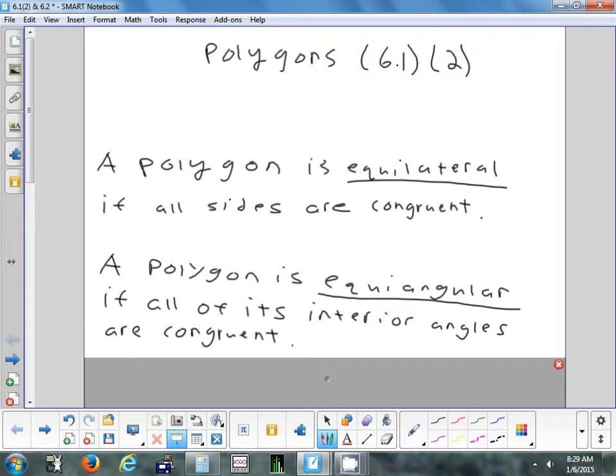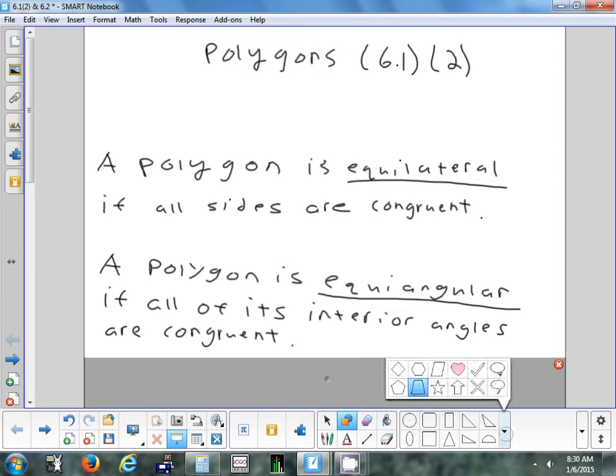Okay, so a square, for example, would be considered an equilateral polygon. All the sides are the same. Also, we could say all its angles are the same. If all the sides are the same, does that mean all the angles will always be the same? No. Think of, I don't know if I can draw it perfectly on here, a rhombus.